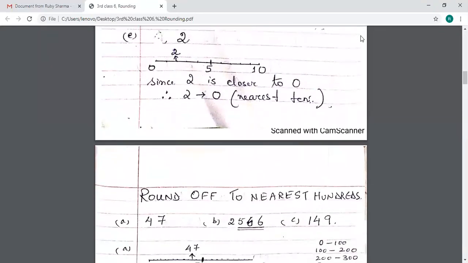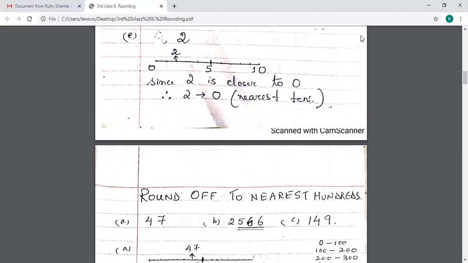Now when we have 2, it is between 0 and 10. 5 is the midpoint and 2 is on the left hand side of 5. So it is nearer to 0 and hence 2 is rounded off to 0, nearest tens. So when we estimate 2 to nearest tens, we get 0.